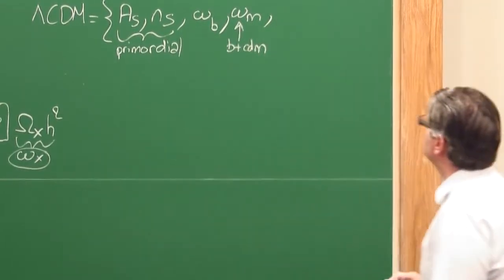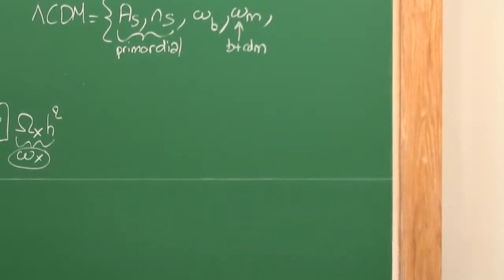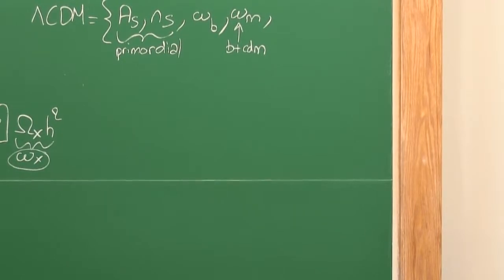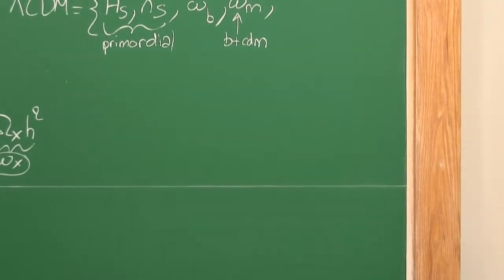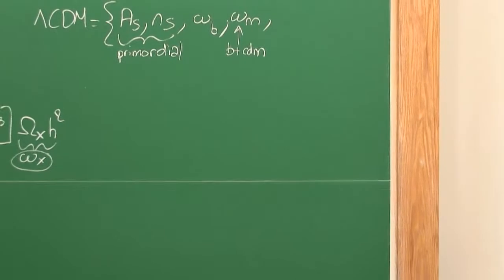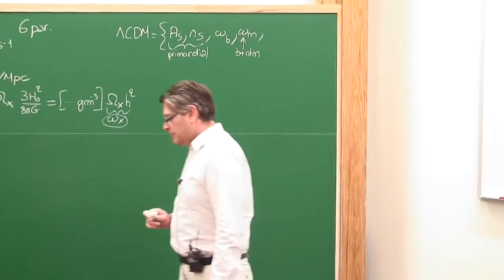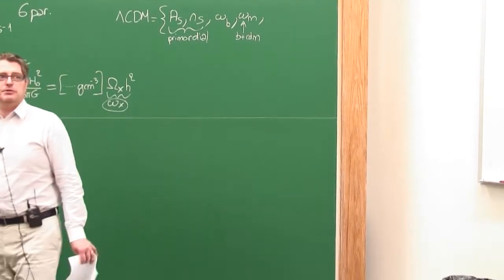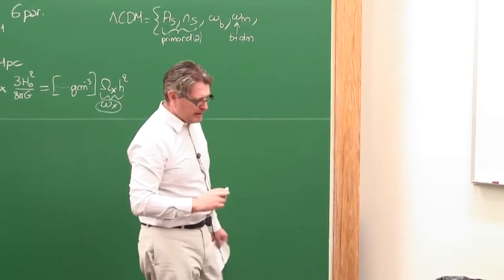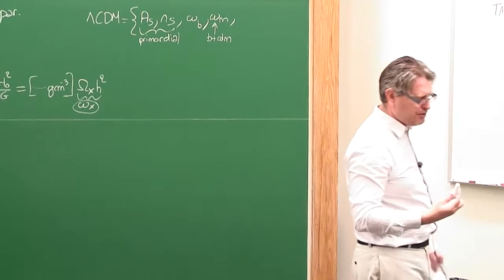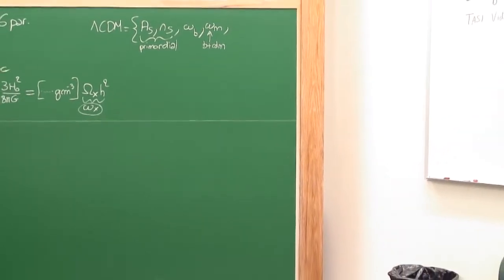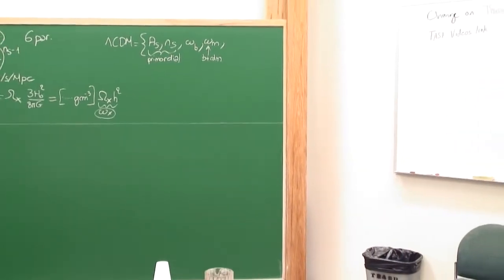And next, what could I put? I could put omega gamma, density of photons. It's not a free parameter because we measure the CMB temperature today. Omega gamma is fixed. Next, I could put omega of neutrinos. Now, first, neutrinos today, if they have a very small mass, have a very small density.